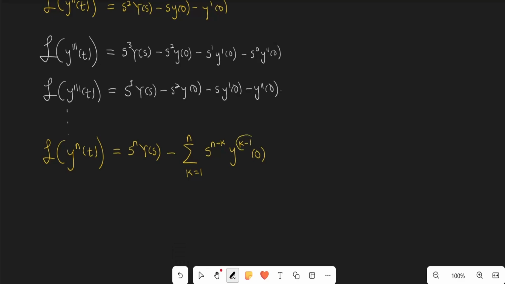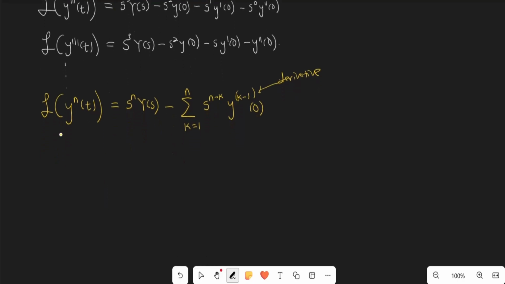This one is not a power, this one is the derivative. So this here is the order of the derivative, not just the power. Right, so this is the general formula for the Laplace transform of the nth derivative of a function y of t.